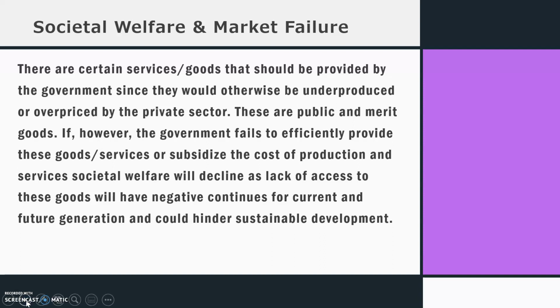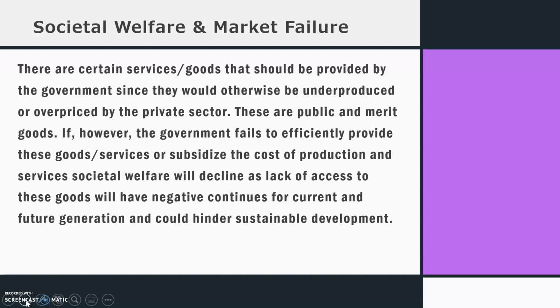So we can therefore see the direct link between market failure and the impact that it has on societal welfare. And also, just to point out that since the government caters for these public and merit goods, it also means that if they are unable to provide it, or if they lack resources to subsidize the production by private firms, then citizens would be without certain social services.